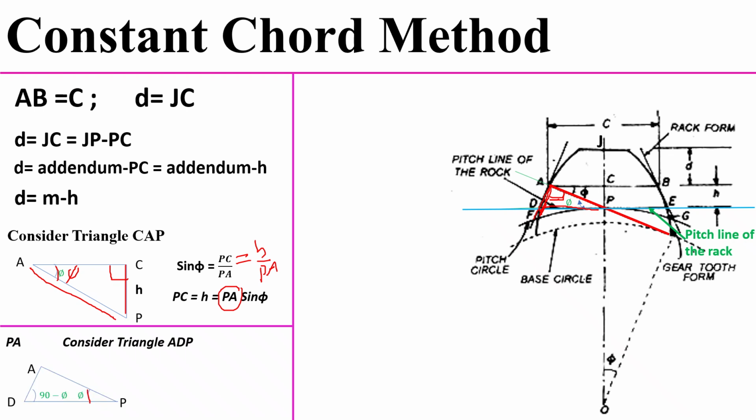Making the angle phi, at D it will become 90 minus theta. So here the angle is 90 minus theta.